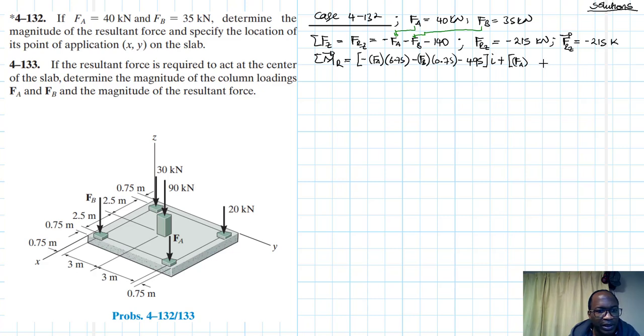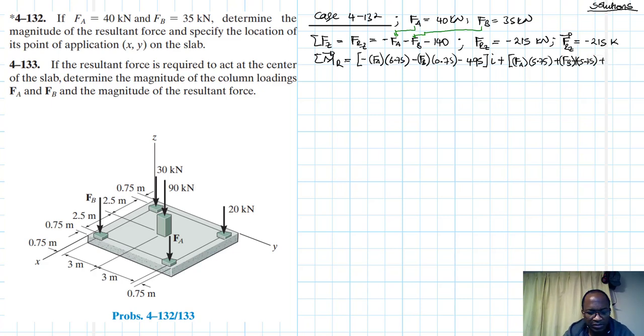The lever arm there is 5.75, and Fb also is the same 5.75 and plus. Let me sum up the rest.